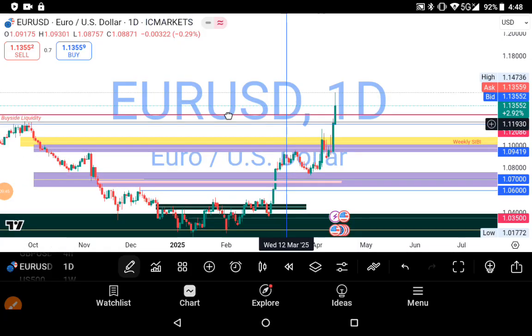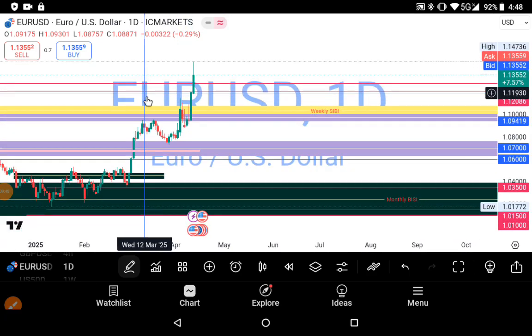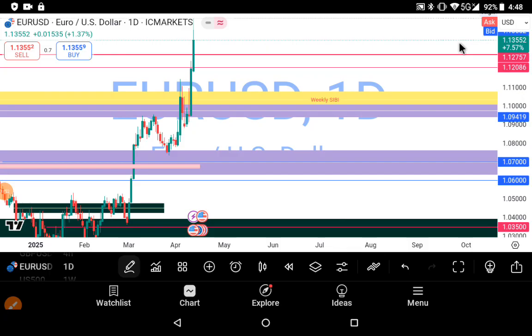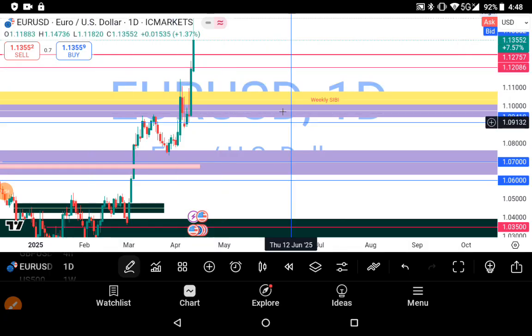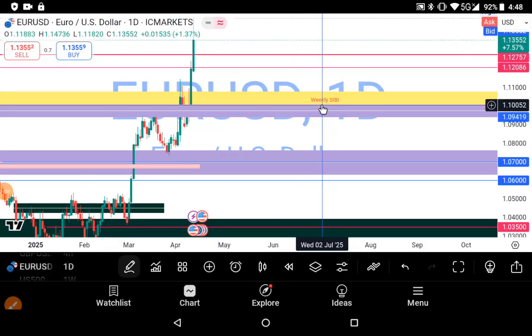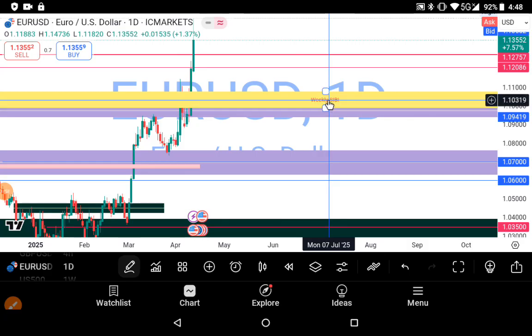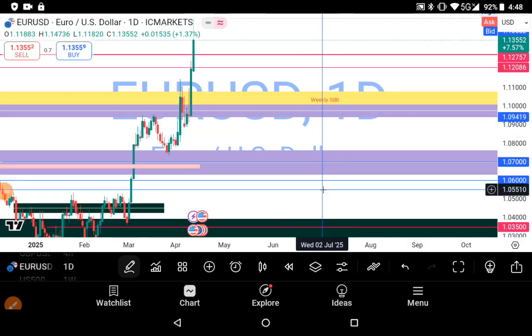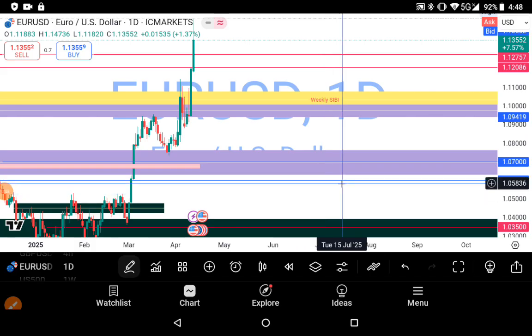My reaction on Euro USD will be, I'll be expecting the market price revisiting this weekly CB here. We've seen 1.12757 taken because that level has been on the radar for a while as well.